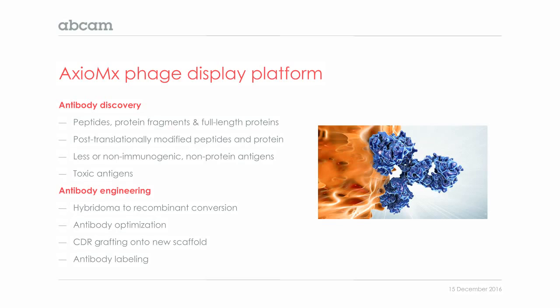The platform is uniquely able to generate binders against difficult antigens that can be toxic to an in vivo system. A key advantage of phage display is that binders can be engineered for the desired applications. The hybridomas can be converted to recombinant antibodies, and properties of an existing antibody can also be further optimized.